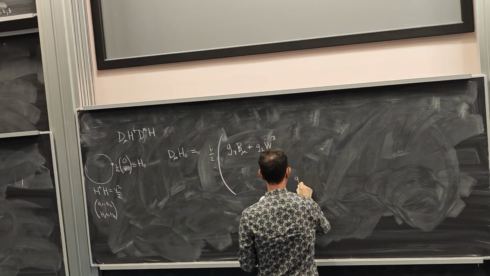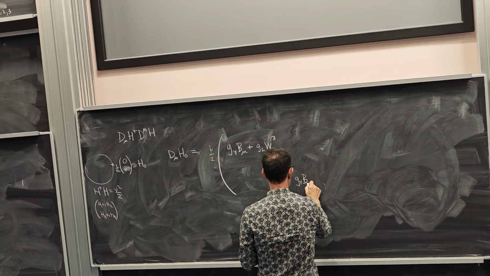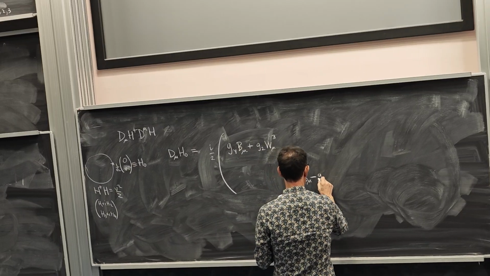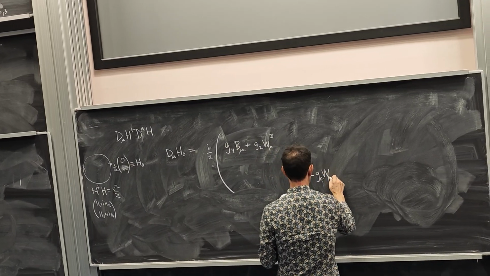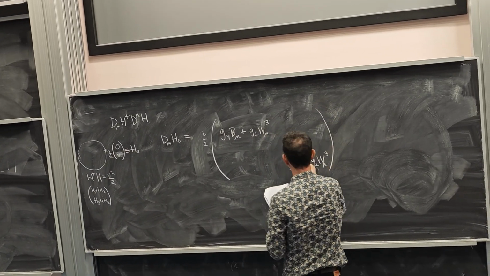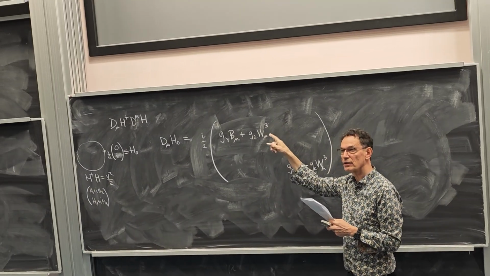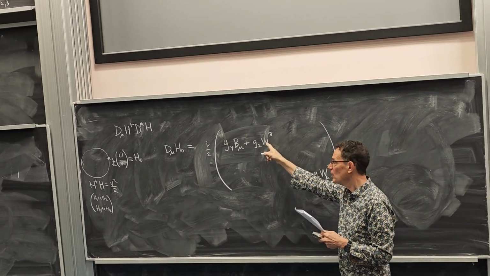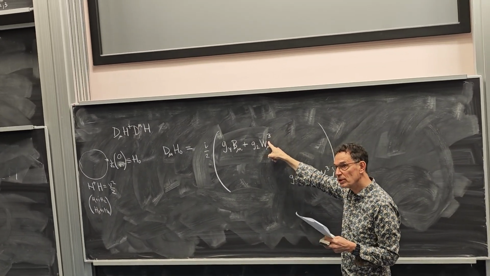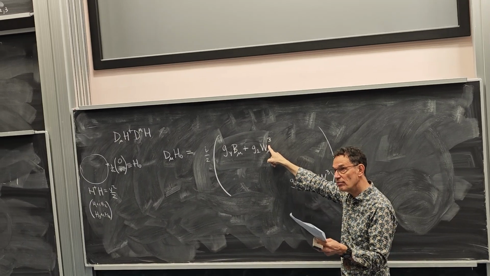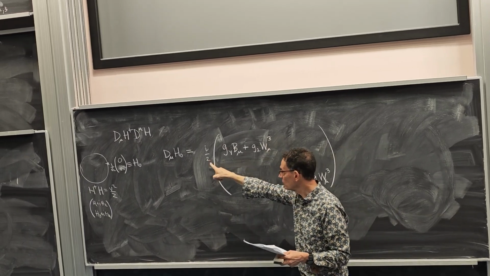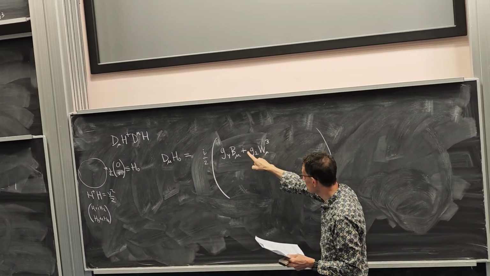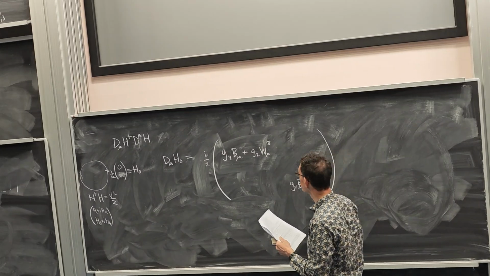Down here I've got g_Y B mu minus g2 W mu 3. All I use to get this formula is the fact that the T3 generator of SU2 in the doublet representation is a half sigma 3. So I've got the half, and then sigma 3 is plus 1 here and minus 1 here.